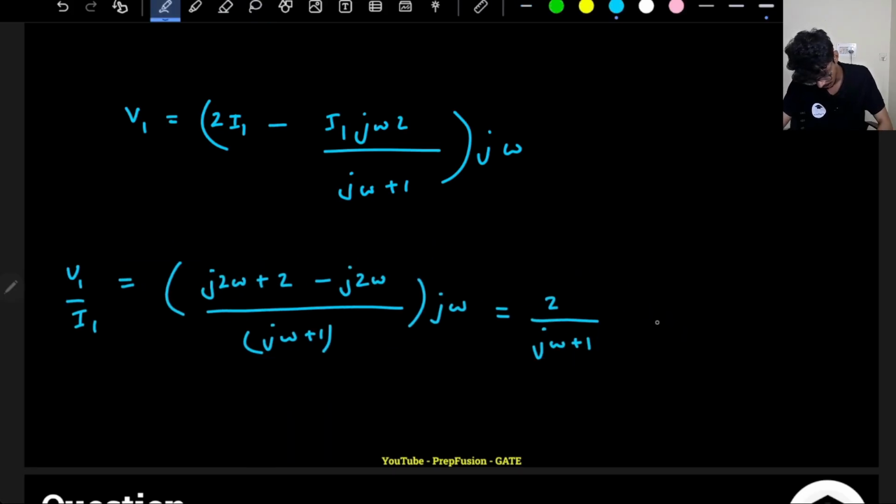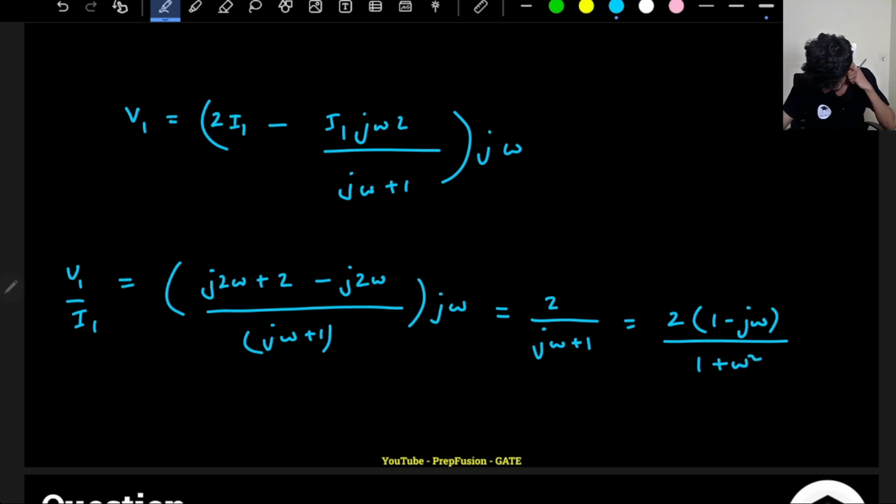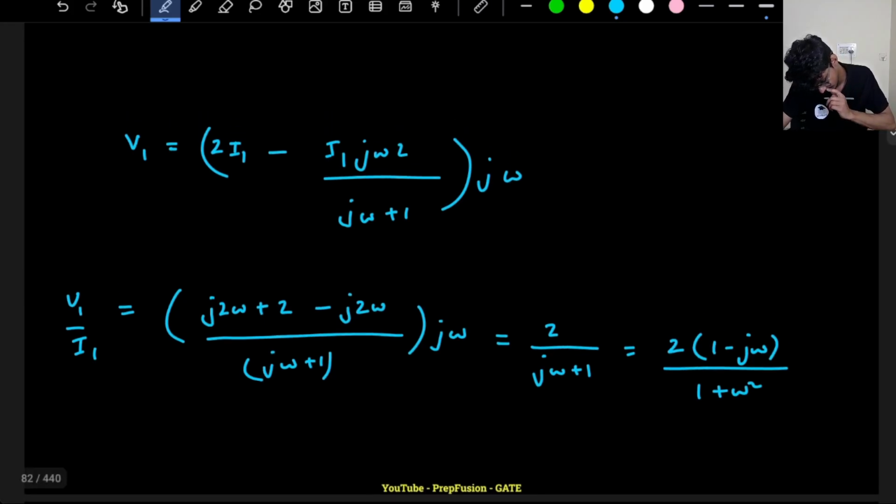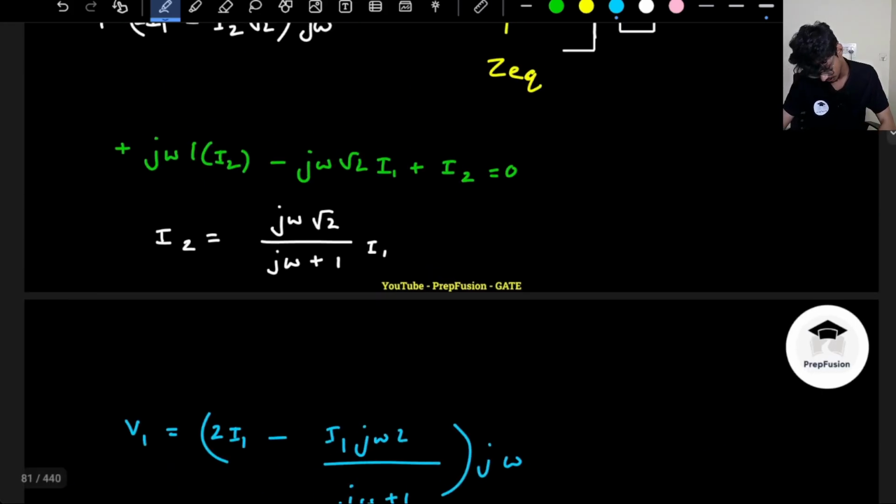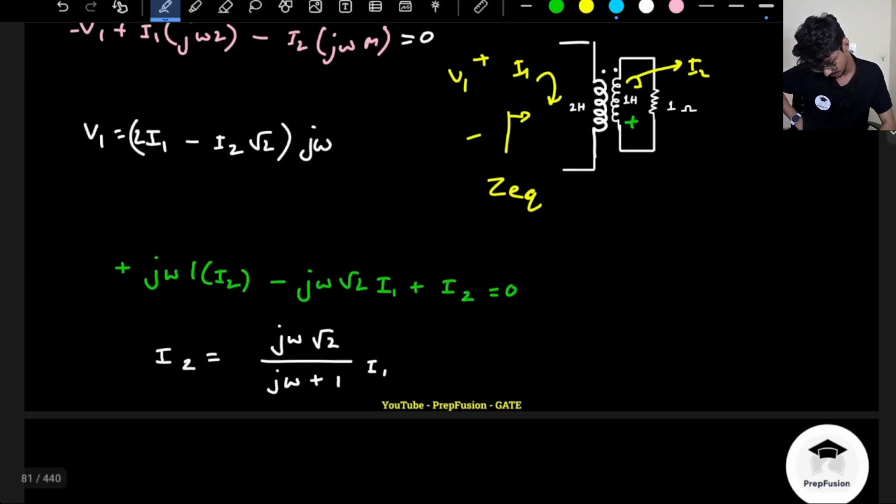And if I rationalize, this will be 2 into 1 minus j omega divided by 1 plus omega whole square. Okay, something is wrong. What is wrong I will tell you. This is minus j2 omega only, yes, this is correct.